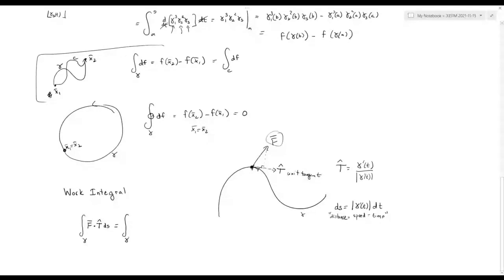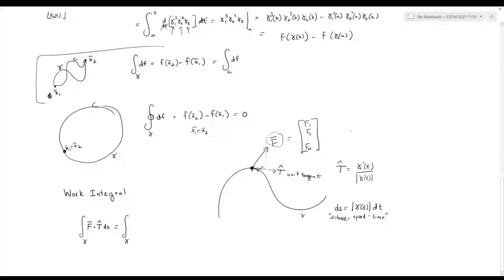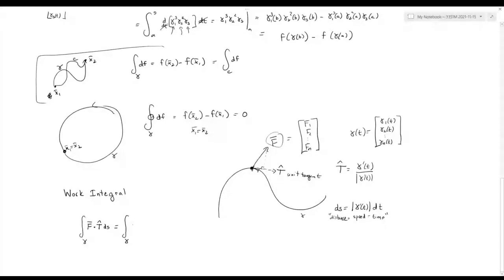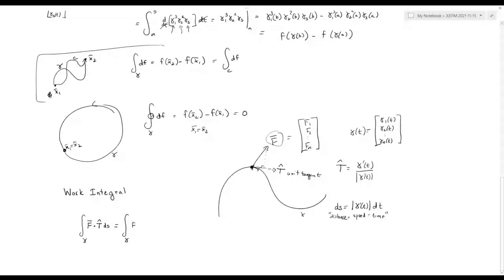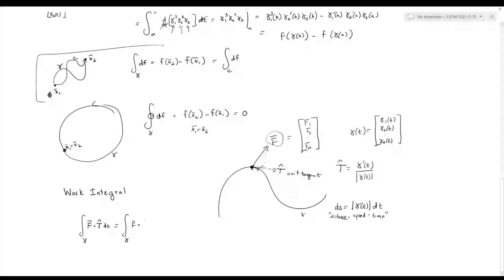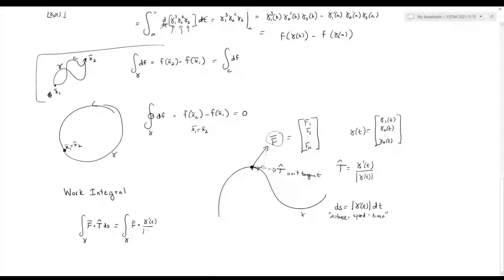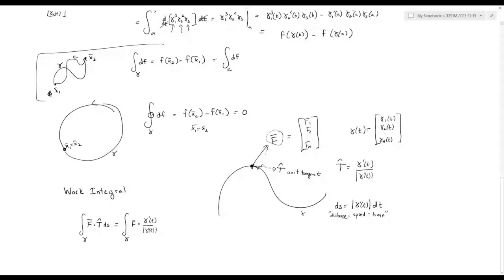Okay. So putting those together, we can have an integral over the path gamma. And by the way, our vector field has components f1, f2, dot dot dot, fn, just like gamma has components. Now we're going to rewrite t, the unit tangent vector, as gamma prime divided by the magnitude of gamma prime, and rewrite ds as the magnitude of gamma prime times dt.